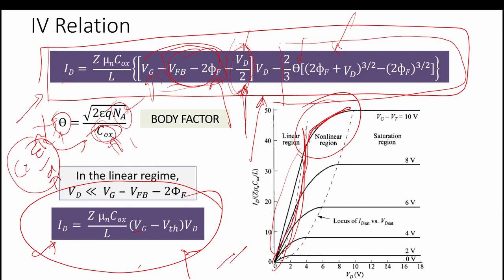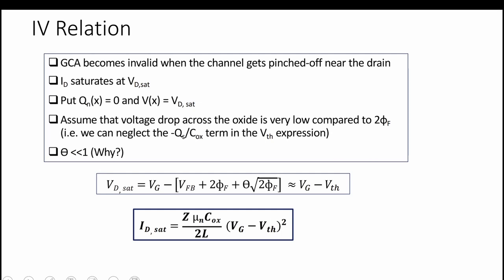Above threshold voltage, V_D is equal to V_G minus V_th. So here we calculate the V_D saturation.